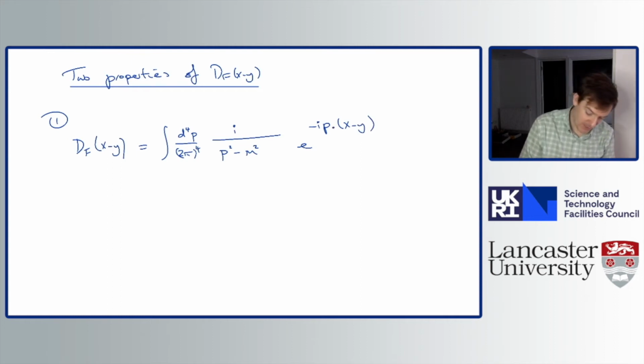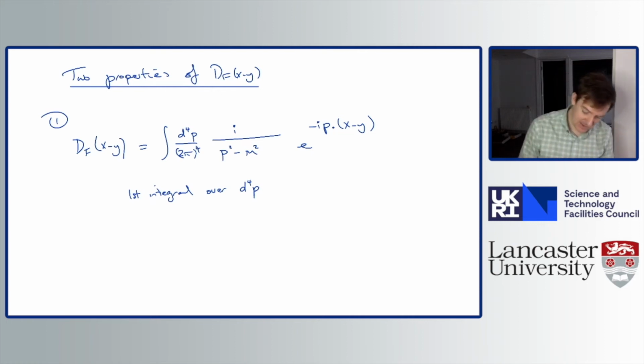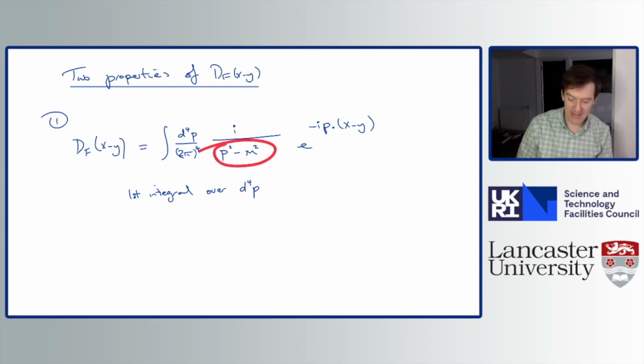A couple of things we have to discuss here. The first thing we see is that the integral is over the full d^4p. Our previous integrals were all over d^3p when we looked at the propagator. And you notice that we have this factor p squared minus m squared.